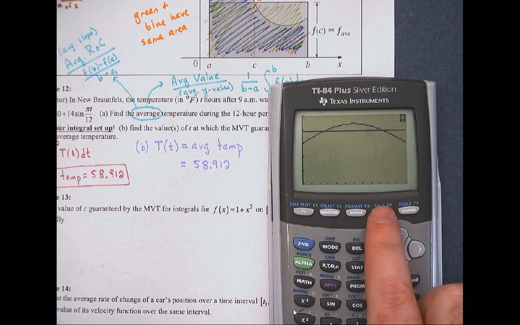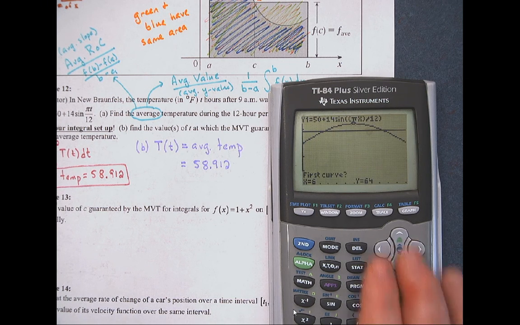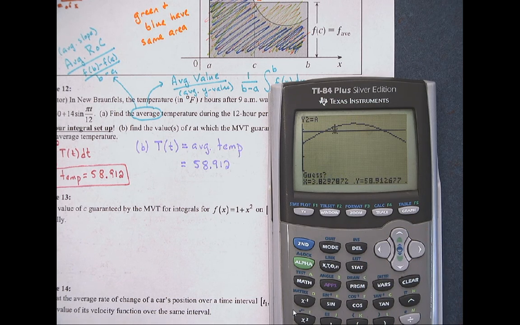Remember, everything good is underneath calc. Intersect, enter. I like to move the cursor first. You don't really have to, but just get somewhat close to the one that you want to try to find. Hit enter 3 times, and it spits back that intersection.